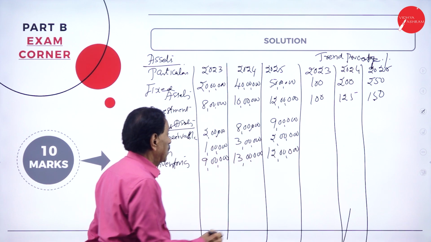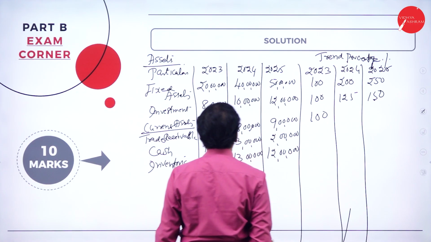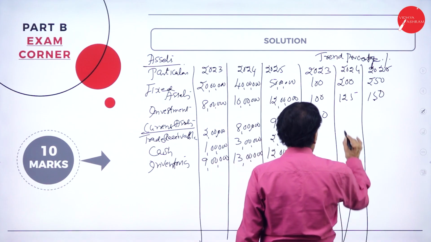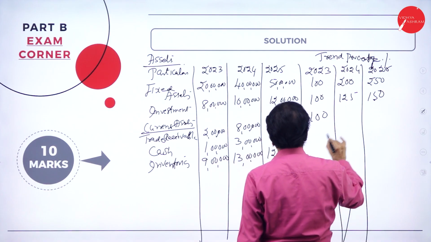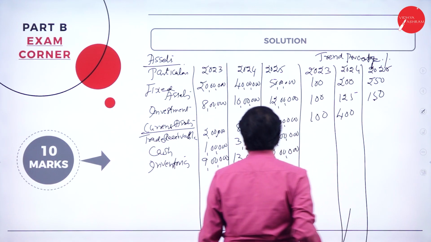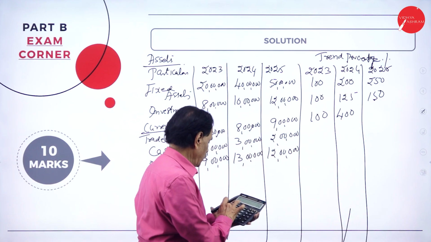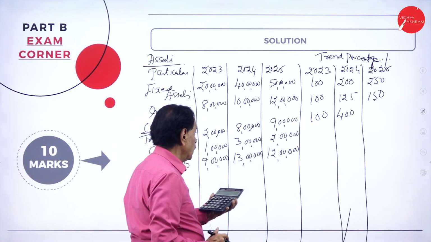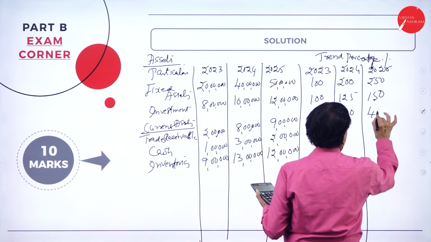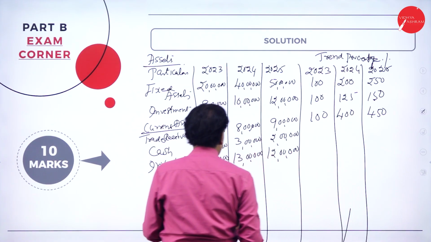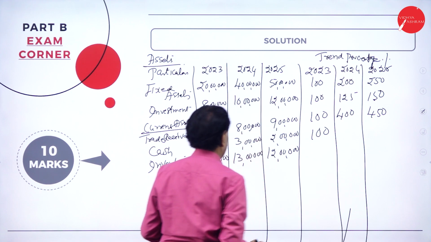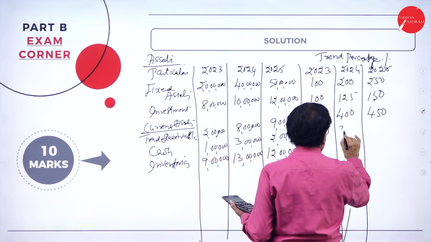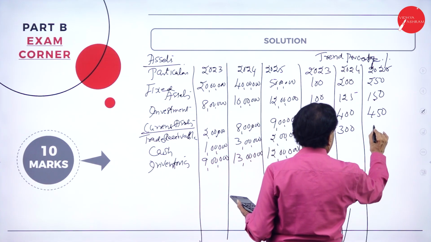Now we'll take 100% here. 8 lakh means 400%. 9 divided by 2 is 450%. Then this is 100%, 300%, 200%.